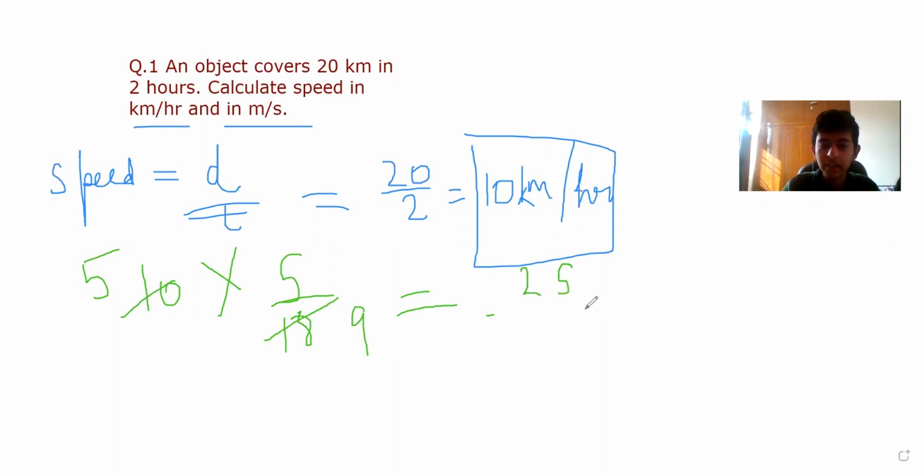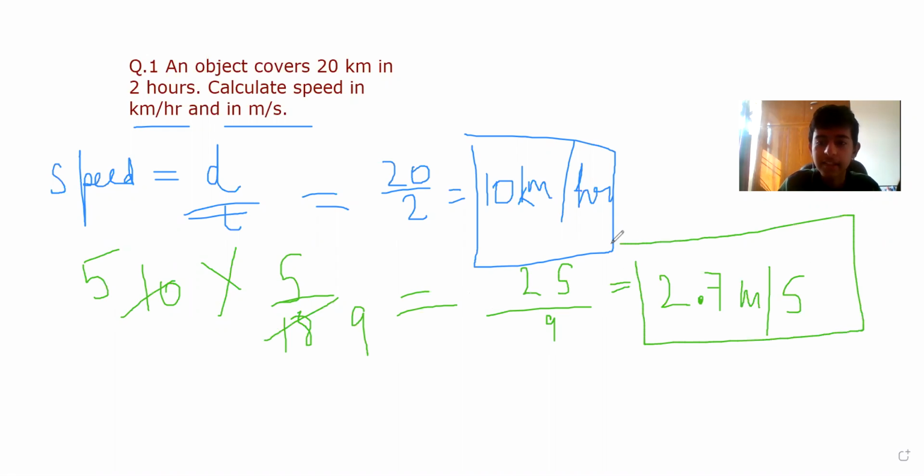How much will we get? It becomes about 2.7 meter per second. This is your answer, your speed in meter per second. 10 kilometer per hour is in kilometer per hour, and 2.7 meter per second is in meter per second. So speed is the same. If you multiply by 18 by 5, you'll again get the same answer. So in this manner, we can convert. Now let's move to the next numerical.